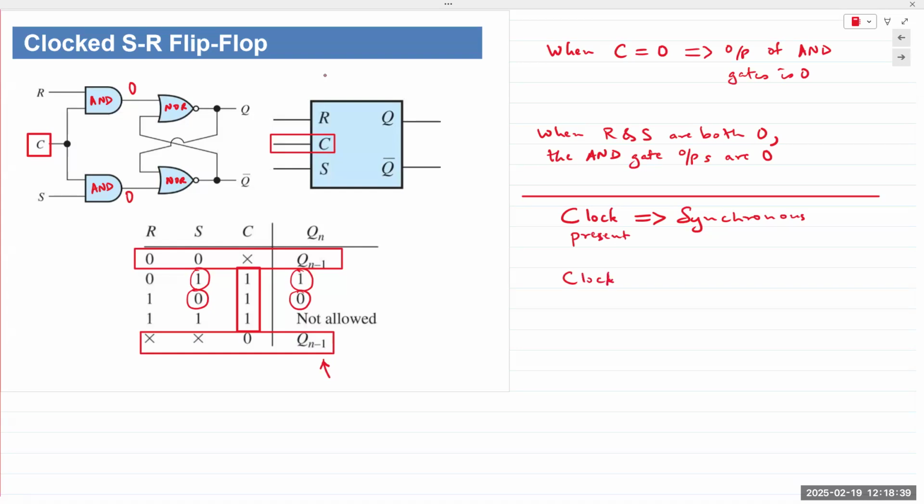When there's no clock in the circuit, we say it's asynchronous.